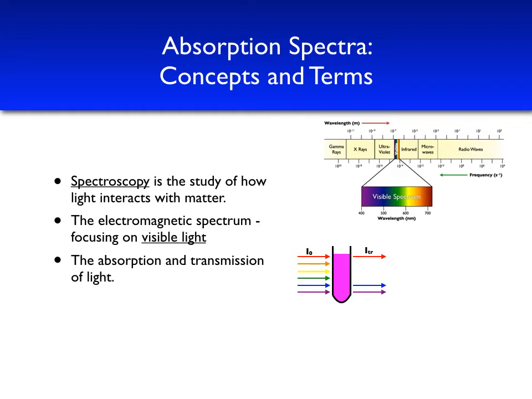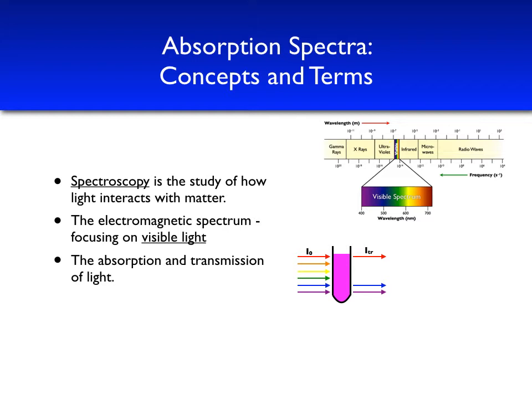If you shine white light, which is composed of all of the wavelengths of visible light, on a sample, some of that light is going to be absorbed by the sample, and some will be transmitted. As you can see in the picture, all the wavelengths of light go through the sample, and red, blue, and purple light are transmitted.